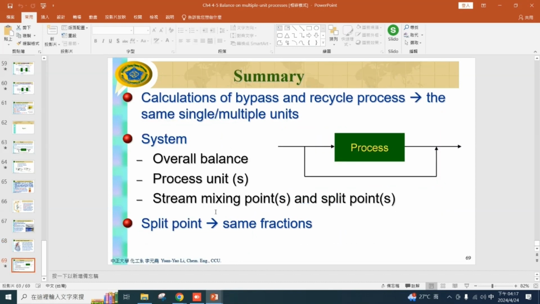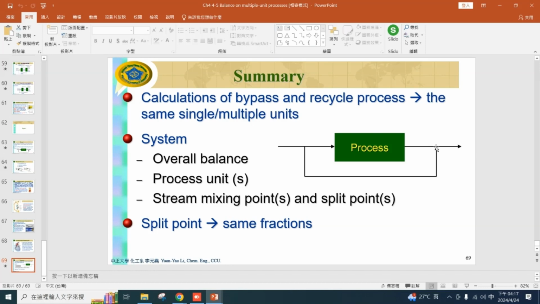So let me make a conclusion of this part, recycle and bypass. This is the process, for example. If the stream goes this way from the entrance, from the input, and splits up into two streams, and one stream goes past this process and joins the end of the output stream, this is what we call bypass, the bypass stream.